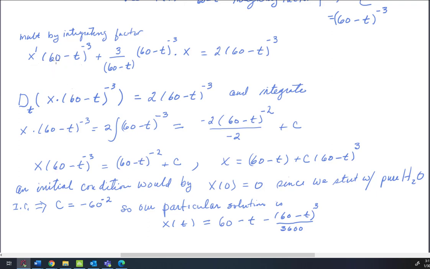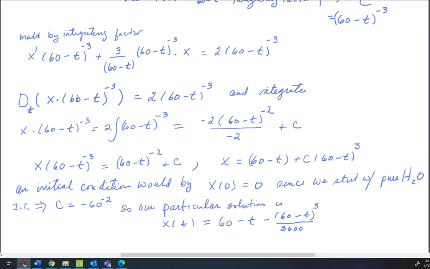I just look at this form and I see what would give me this if I had a product and the derivative of the product looked like this. What would that product have to have been? It would have to look like this. And then I can get out scratch paper and check that the derivative of this thing with respect to t, and that's what this operator means, is my left-hand side.